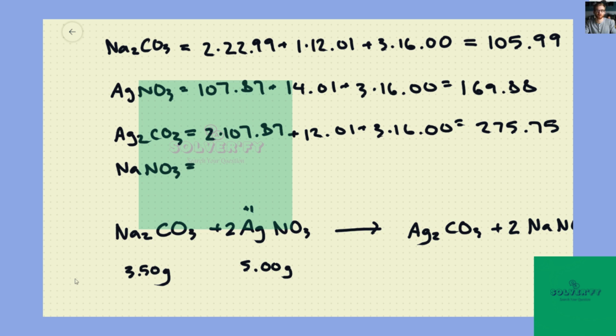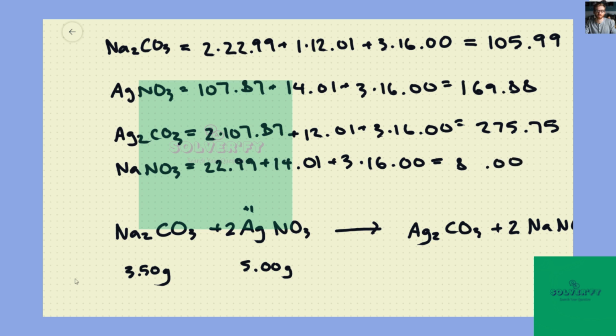Sodium is 22.99. Nitrogen is 14.01. Oxygen is 16. So 22.99 plus 14.01 plus 3 times 16 is 85.00.